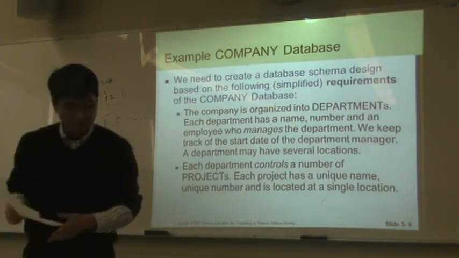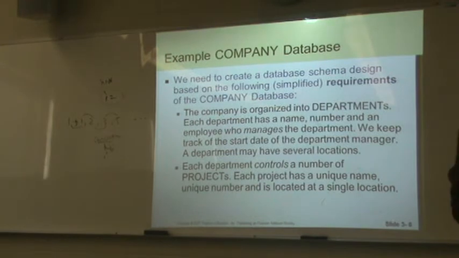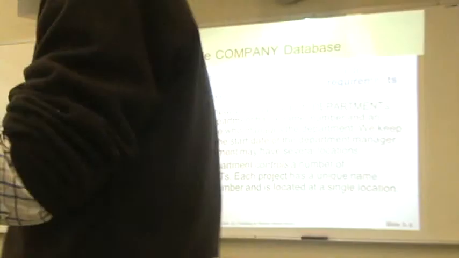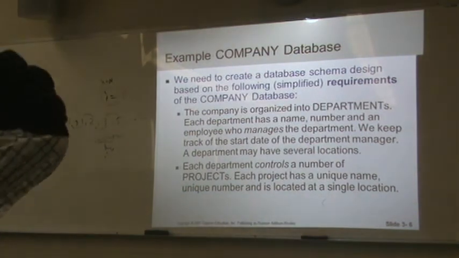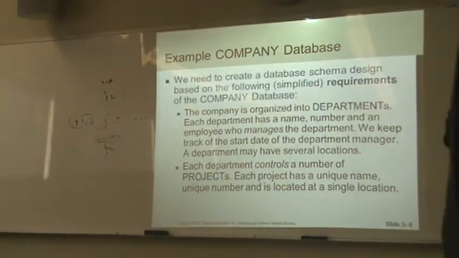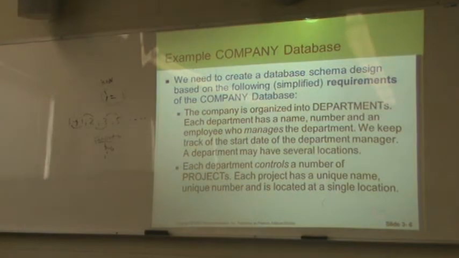So, why don't you take a look at the handout, the second page. First, we are going to use the company database. Requirement collection and analysis. We need to create a database schema design based on the following requirement of the company database. Who provides such information?